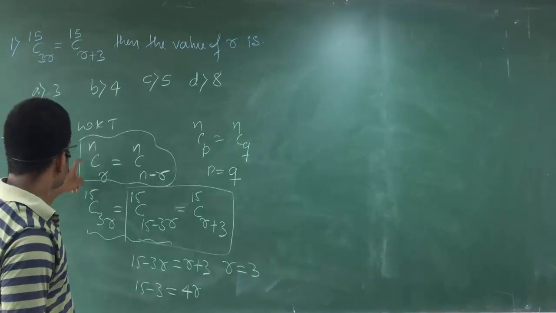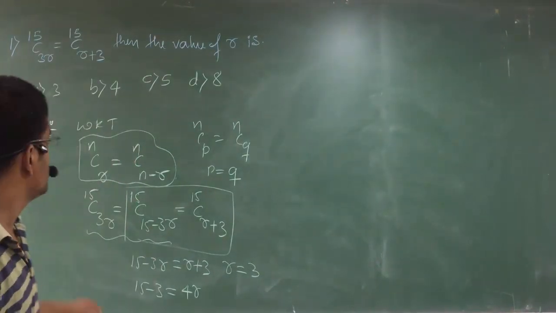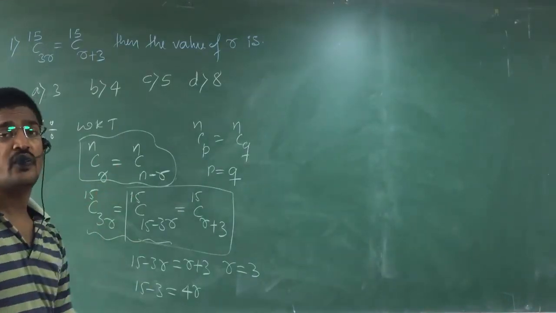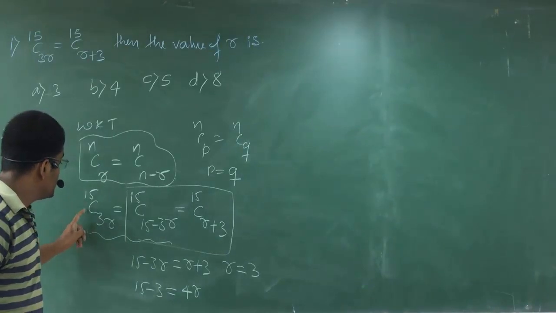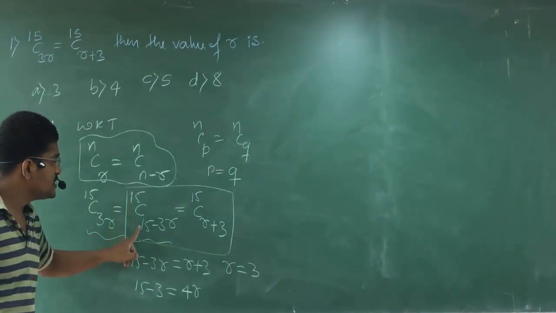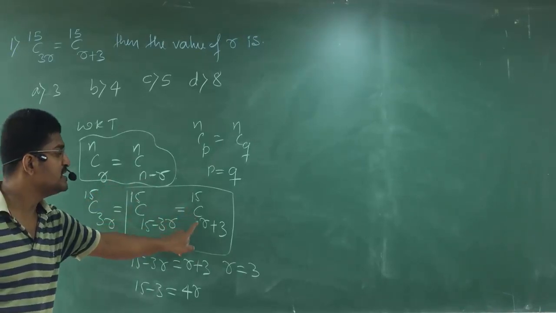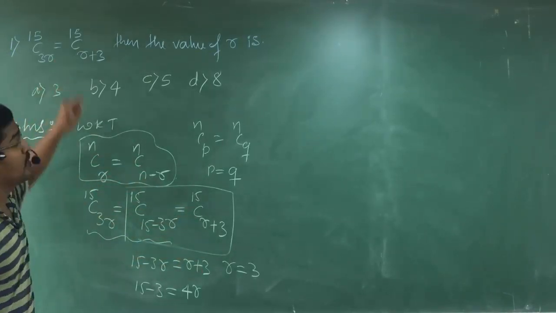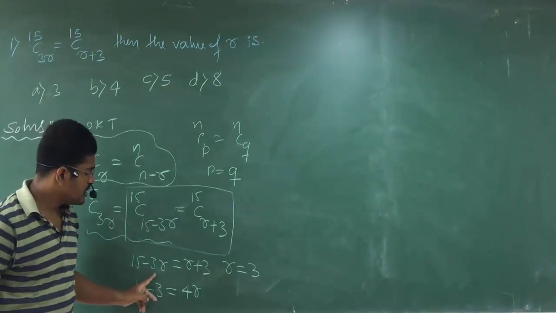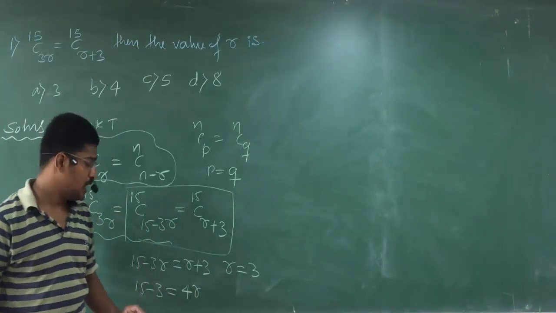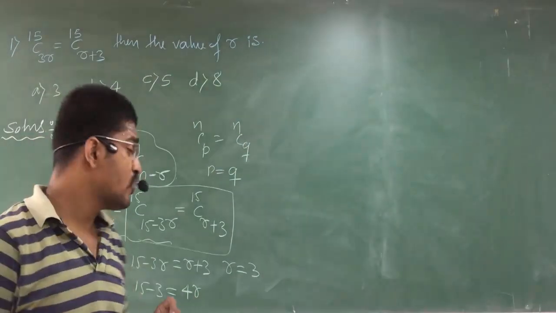See here. nCr equal to what? nC(n-r). If you want, you use the formula and simplify; you are going to have LHS equal to RHS, no problem. Further, 15C3r can be written as 15C(15-3r) by using this, equal to 15C(r+3) from your problem. Therefore 15-3r equal to r+3. Therefore 15-3 is 12 equal to 4r.